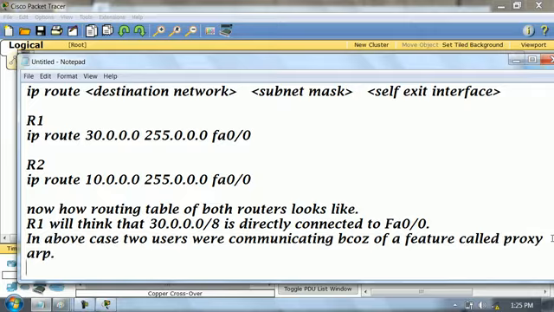Try to read it. Tomorrow we will discuss what it is. But for now, I will disable proxy ARP on all the interfaces. Why I am disabling it? If it is enabled, computers will communicate. Fine? But by default, if proxy ARP is disabled, they will never communicate. Fine?